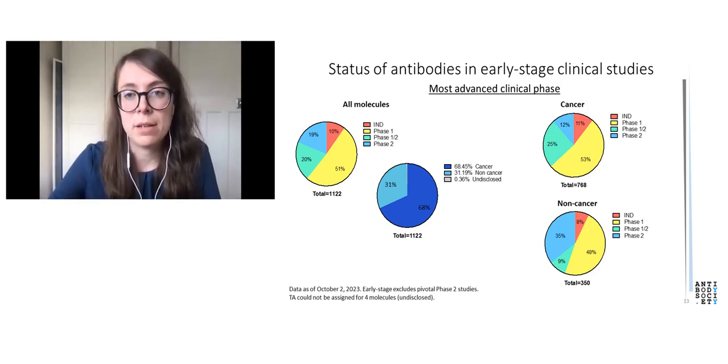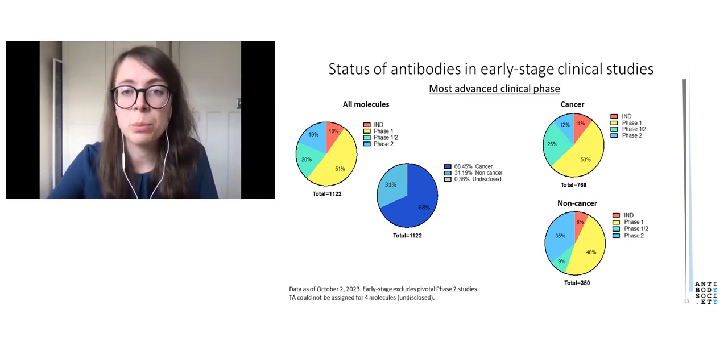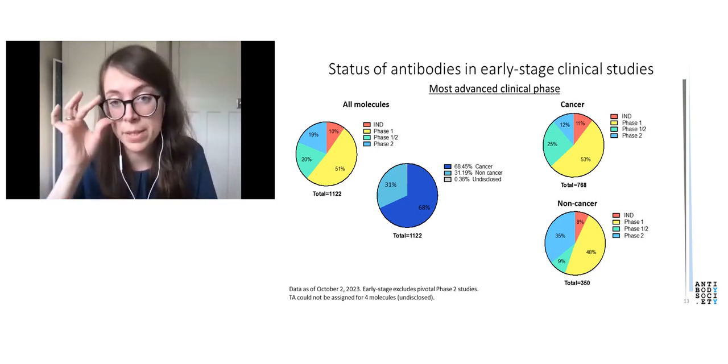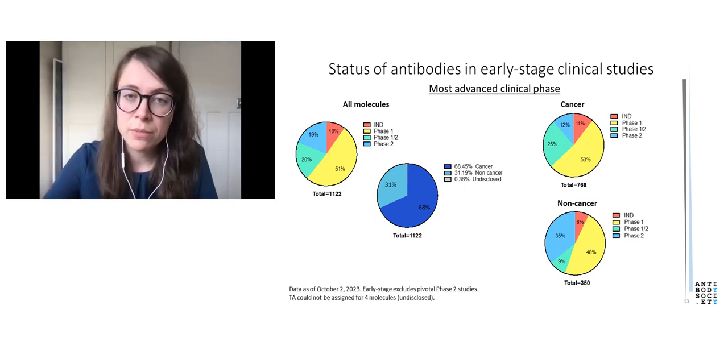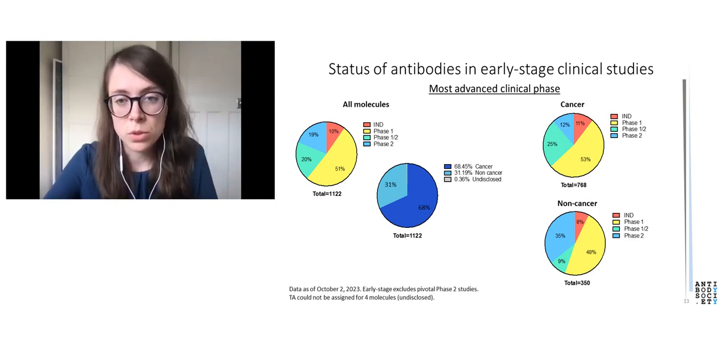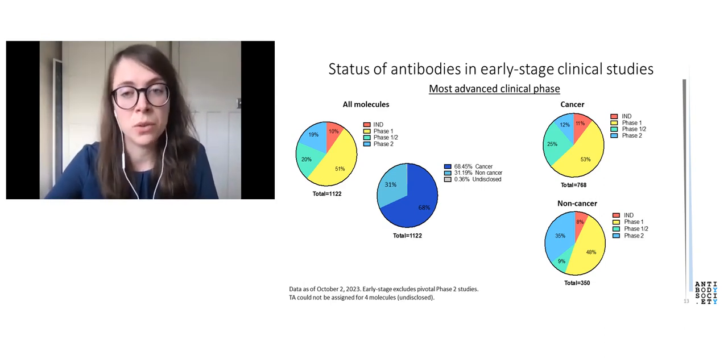If you look at the status in these 2 groups, we can clearly notice that there is a difference in the proportion of molecules in phase 1-2 and phase 2. In the cancer group, we have more molecules in phase 1-2, 25% versus 9% in the non-cancer group, and 12% of molecules in phase 2 versus 35% in the non-cancer group.